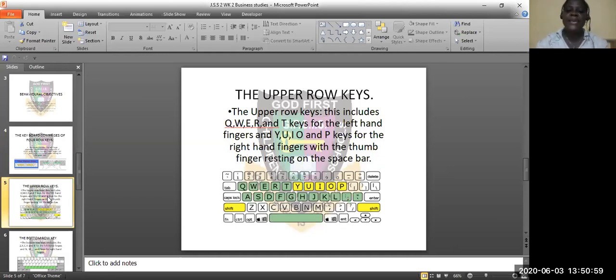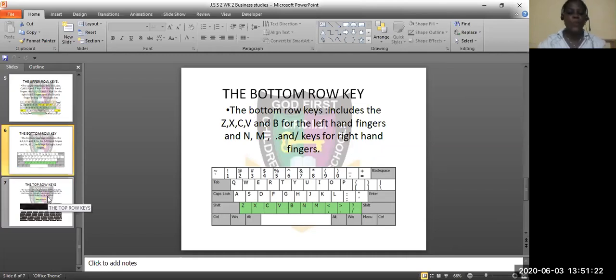Then the upper row keys, you place it at the upper line of the home row keys, whereby you place it on Q, W, E, R, and T. And for the right hand, you place it on Y, U, I, O, and P. And the next one is the bottom row keys, where you place your fingers on Z, X, C, V, and B, and you place your right fingers on N, M, comma, full stop, and slash keys.